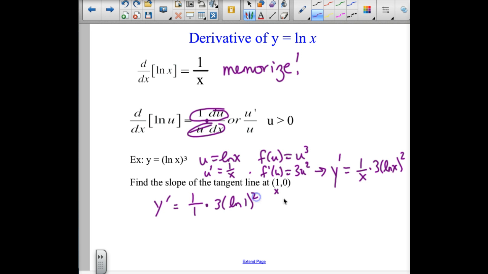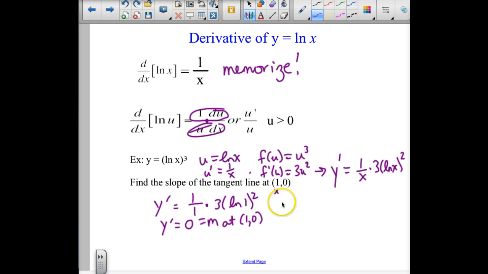X is 1. What's the natural log of 1? Remember I said you had to memorize that. It's 0. 0 squared is 0. 3 times 0. So y prime is 0, which means our slope is 0 at the point (1, 0).